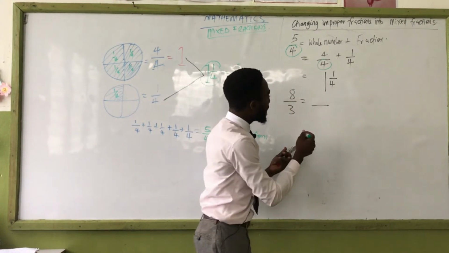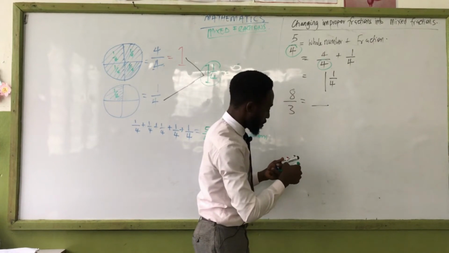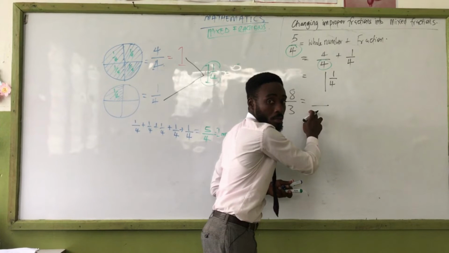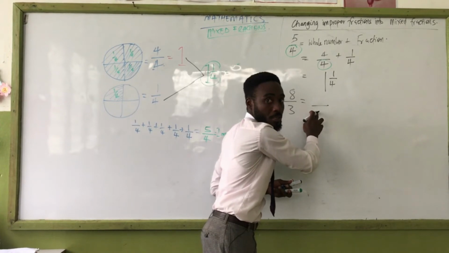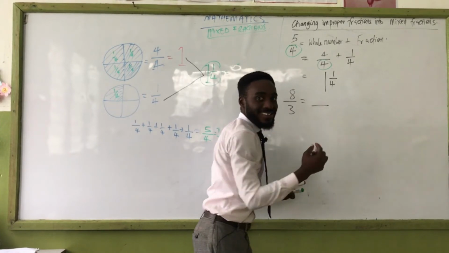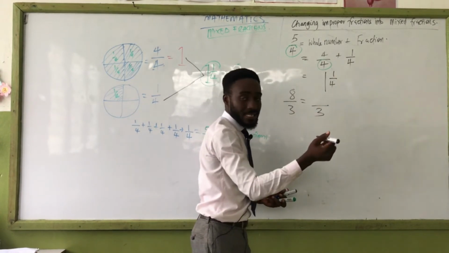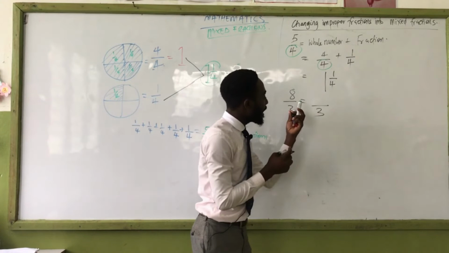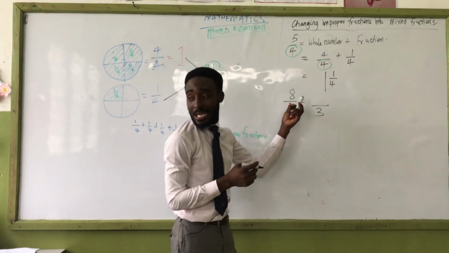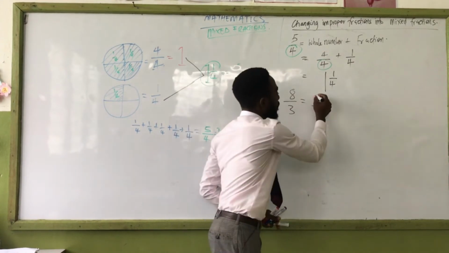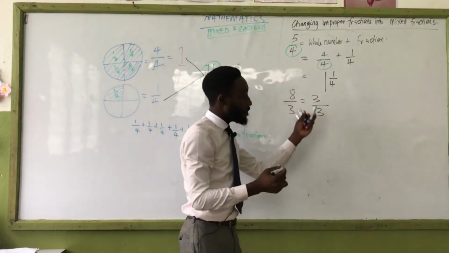So I know automatically this is also going to be 3. The denominator of the whole number is going to be the denominator here as well. So I'll have 3 out of 3 as my first whole number.